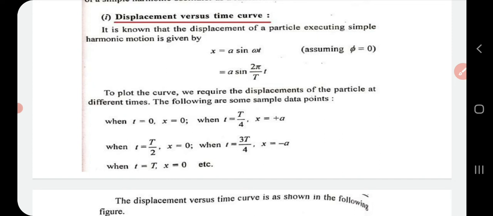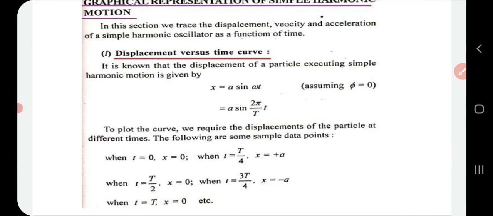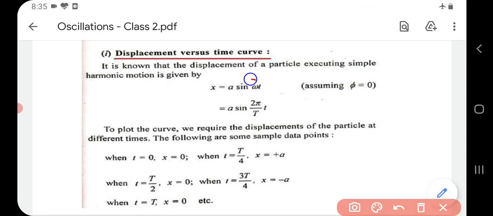Sometimes they will ask all the three. So here let us start with displacement versus time curve. As usual, displacement of the particle is given by x equal to a sin omega t. Actually there is plus phi, right? Here we are assuming phi equal to 0.